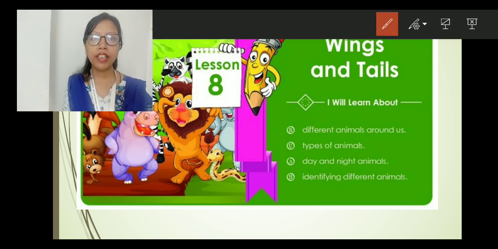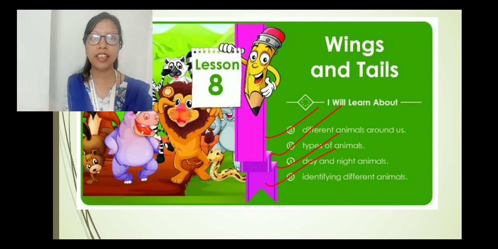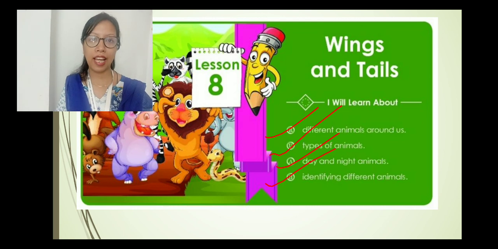Here in this lesson, I will learn about different animals around us, types of animals, day and night animals, and identifying different animals. So, these are the subtopics that we will be discussing in this lesson, that is lesson number 8, Wings and Tails.